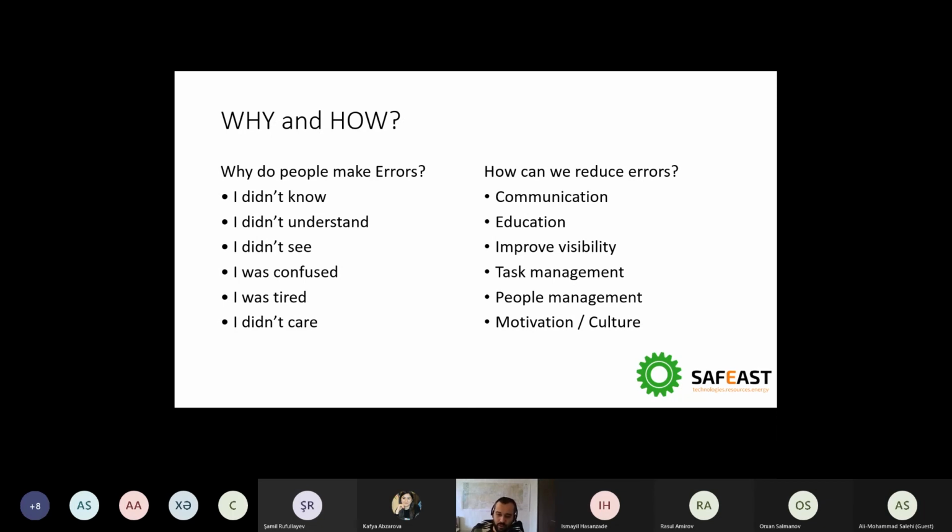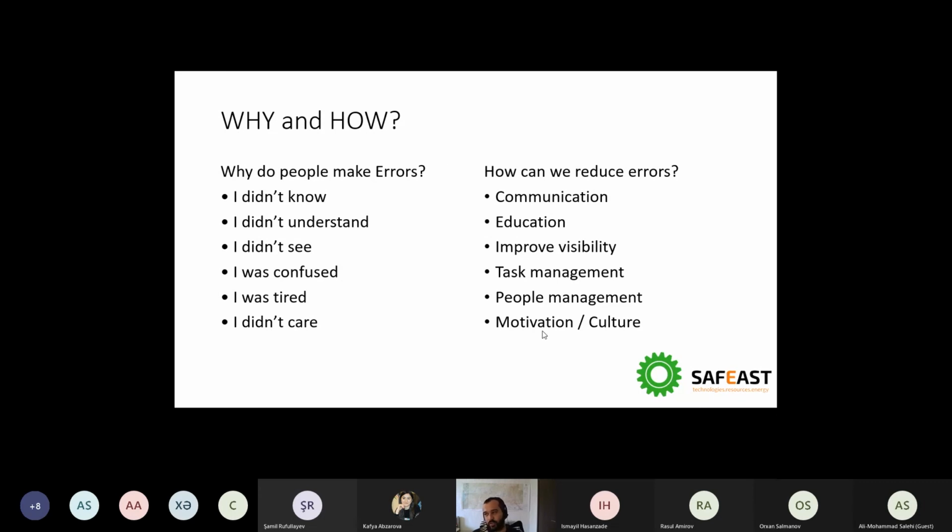This is the Chemical Safety Board in the US, which did a lot of investigations on incidents. From people you may have heard that they always said: I didn't know that it could happen. I didn't understand. I didn't see this. I was confused about which one to do. I was tired, it was fatigue, or some of them said, okay, who cares?